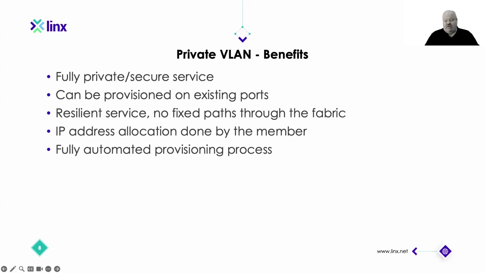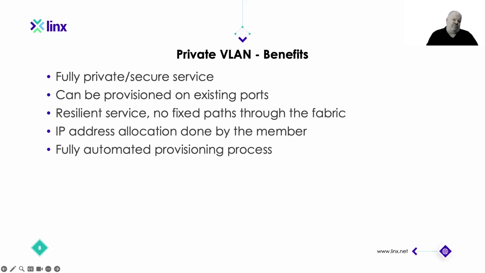The ordering of it, the configuration of it, it's a fully automated process, like pretty much all of our services nowadays. So assuming that your port and the other member's port is already configured as a multi-service port, it will get pretty much provisioned immediately.